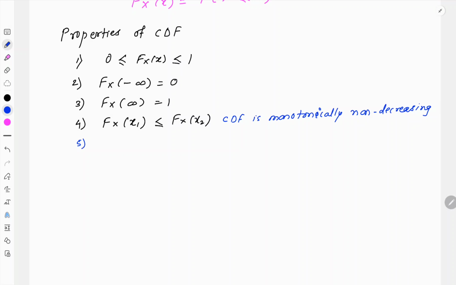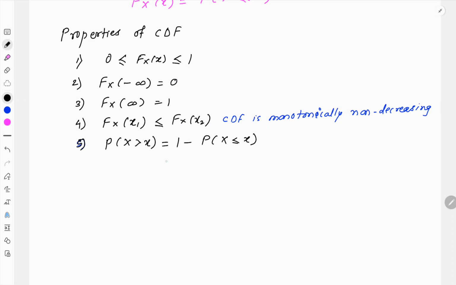Next, fifth property, if we want to find out the probability of X, which is a random variable, greater than small x, this can be obtained as 1 minus the probability of random variable X less than or equal to small x.